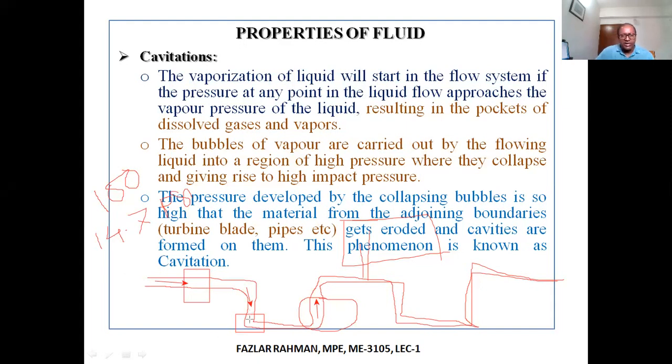But when it comes right over here, the pressure is not 14.7. For example, the pressure right over here is 12 or 11 psi. Then what will happen? For example, you are flowing hot water, 90 degrees Celsius, and pressure is 14.7, that means atmospheric pressure.